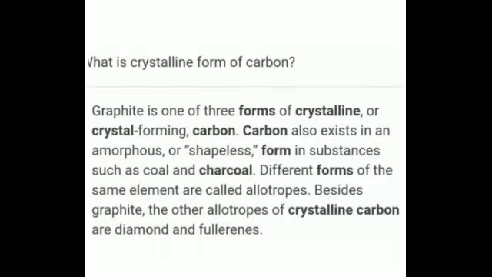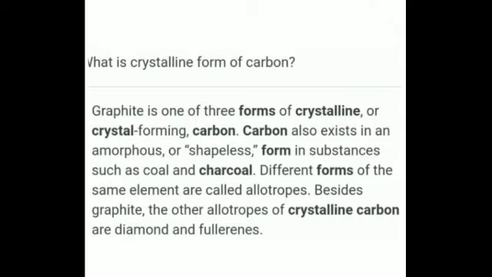When carbon atoms are arranged in a definite geometrical pattern with plane surface, it is called a crystalline form. Or in other words, this is the form in which the allotrope or that particular element shows a definite geometrical form.